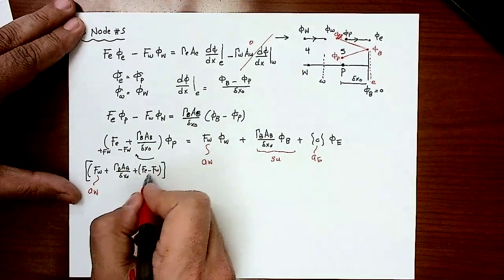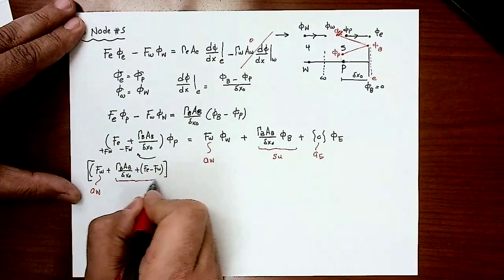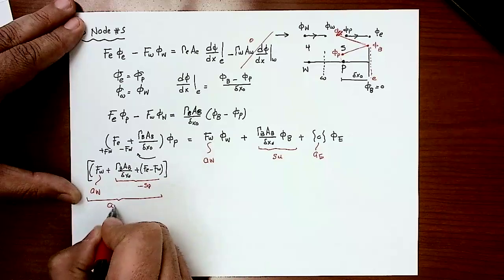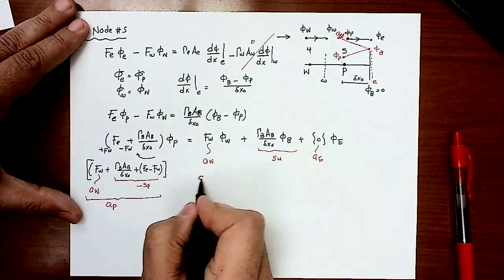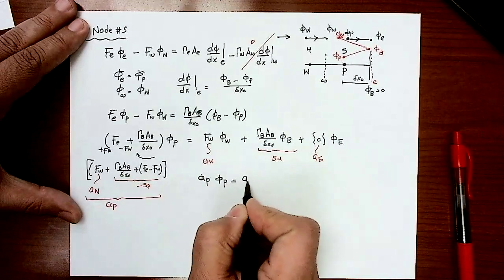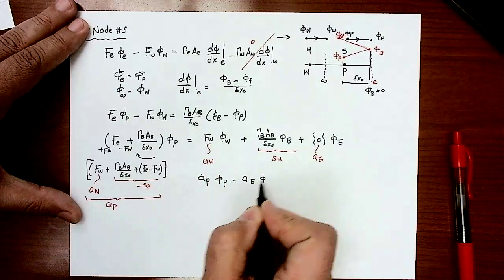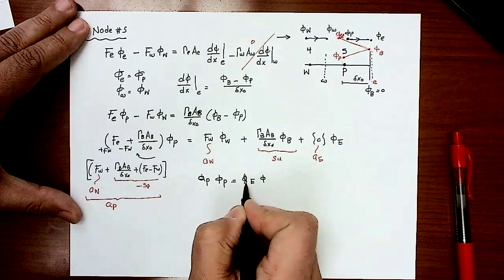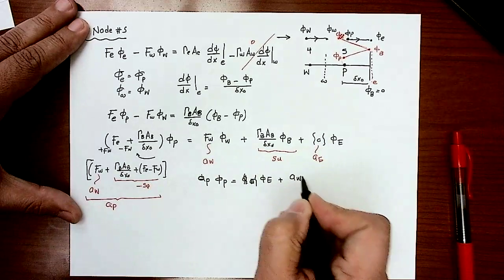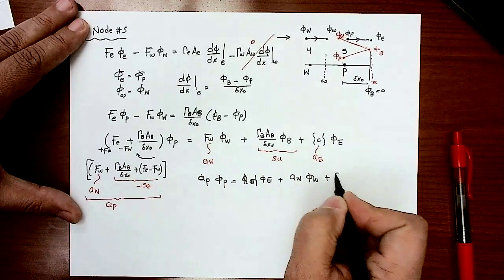And I know this will be 0, but in total, this should be minus SP, and this combined term here should be the AP. So I will end up having AP phi P equal A East phi East, sorry, A East is 0, phi East plus A West phi West plus SU.